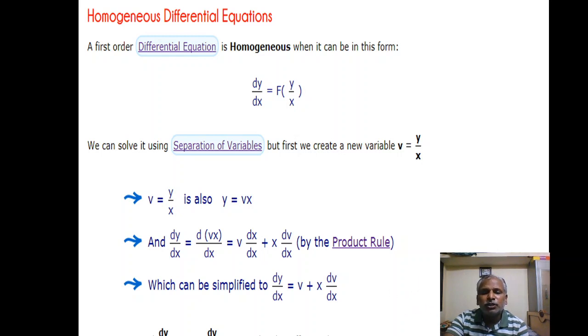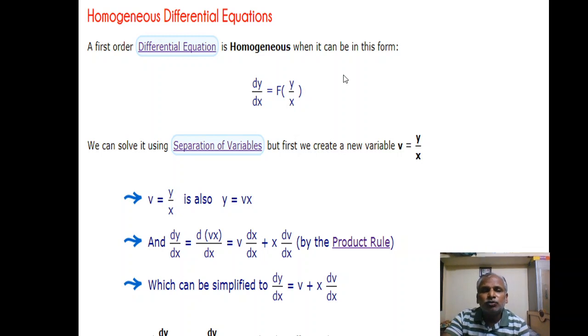Now separate the variable v on one side and x on the other side, which gives the variable separable form. On integrating we get the solution in terms of v and x, and then replacing v by y by x, we get the solution of the original equation.